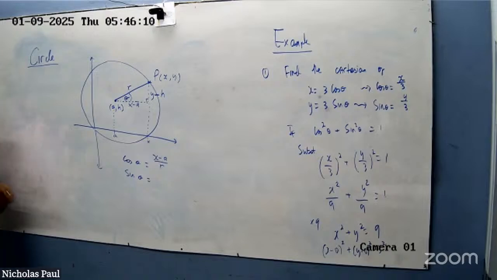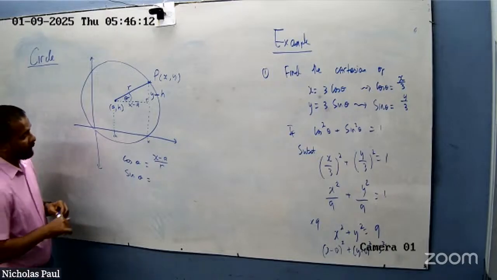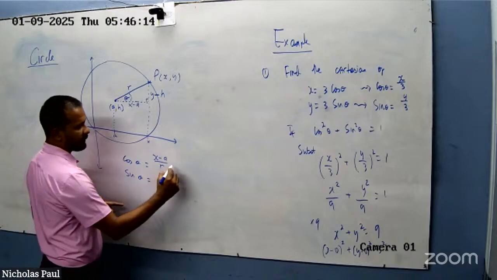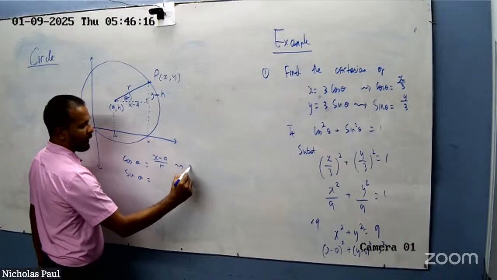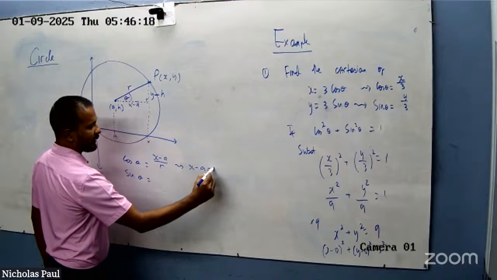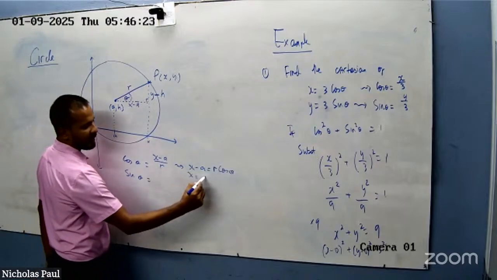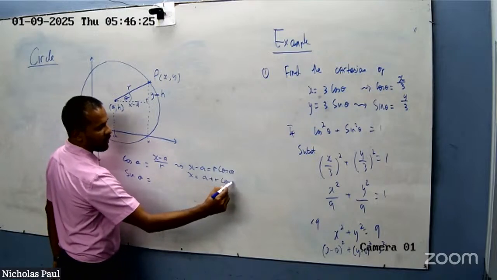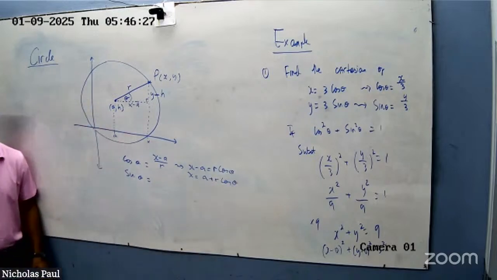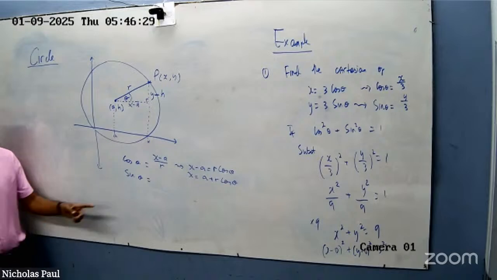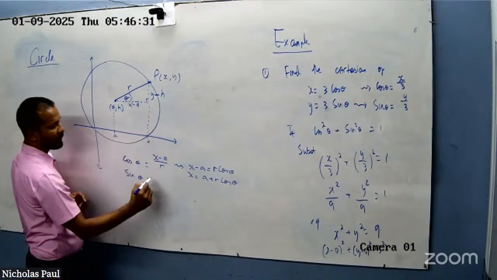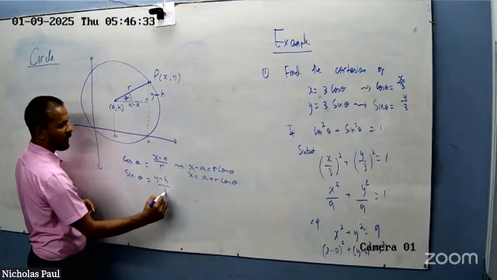Right, so here, when you cross multiply, you'll end up with x minus a is equal to r cos theta. When you make x the subject, you'll get x equals a plus r cos theta. That's okay? And then sine theta is equal to opposite over hypotenuse.